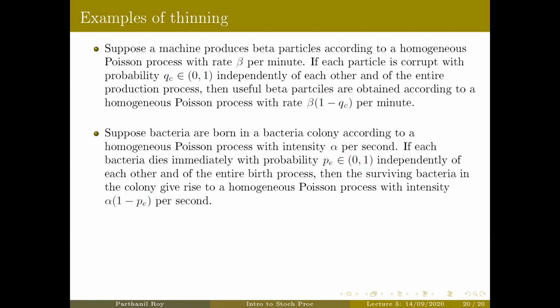So the arrivals of surviving bacteria form a homogeneous Poisson process, and the intensity of this process is just alpha times 1 minus PE per second. Now, of course, here the P is 1 minus PE because here survival means exactly survival, not being dead.